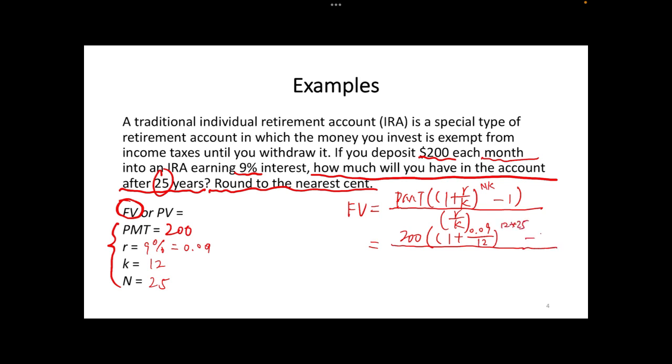And then minus 1, close outer parentheses, that's numerator, denominator 0.09 over 12. And then we need to put this formula into our calculator.